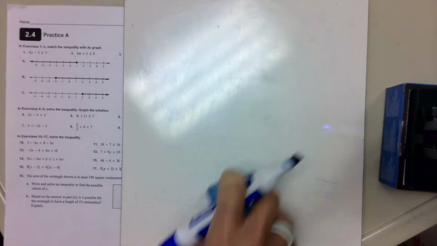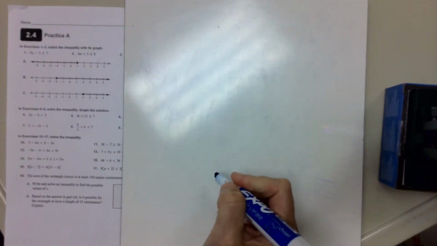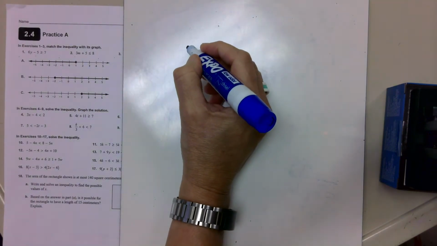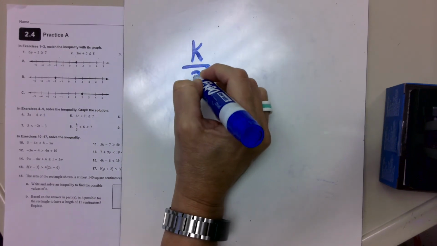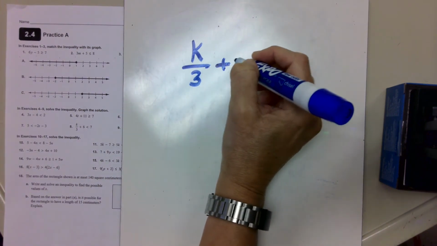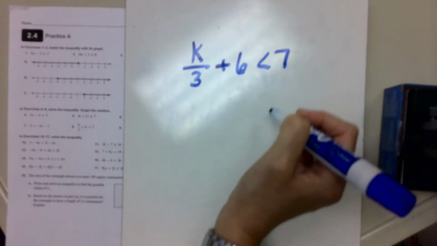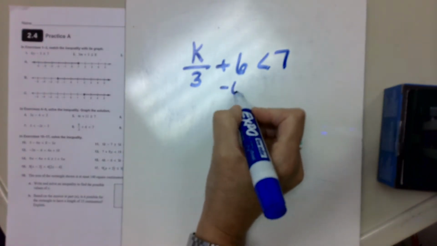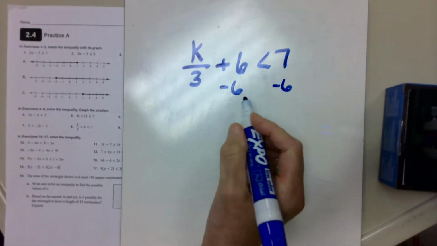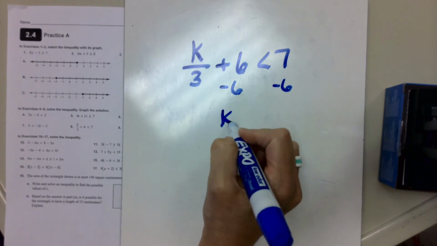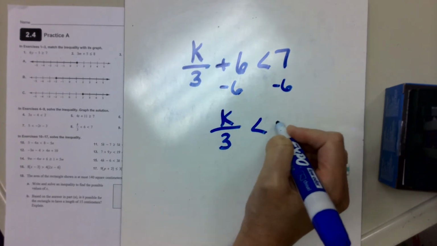Okay, let's try another one. I'm going to pick number 8. Number 8 starts like this. It has k divided by 3, or k over 3, plus 6 is less than 7. We should get rid of the 6 first. So you might subtract 6 on both sides. You're left with k divided by 3 is less than 1.